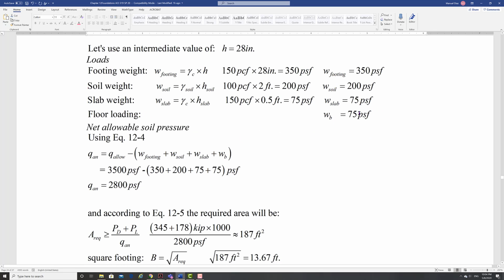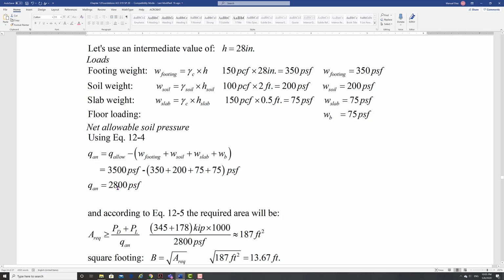Floor loading that was given. So we got 75. Yeah, in your case, I think you have some other pressure. You have like 100, right? Yeah, for your project. So you got that. So the net allowable, then, will be my allowable that was given, right? Minus all these uniform loads. So I'm going to take all those out, and then it becomes a net value of 2,800.